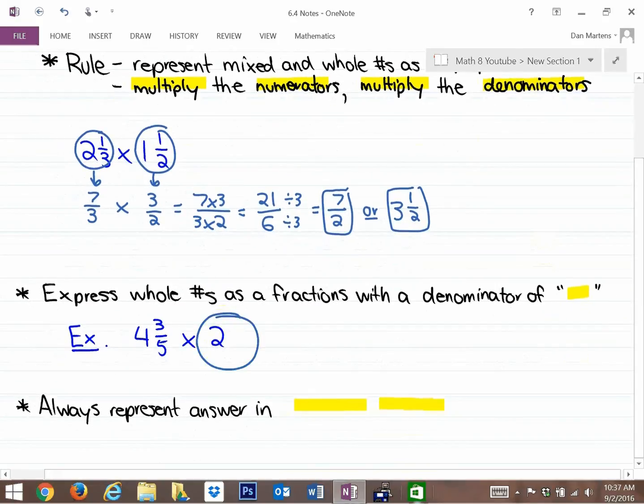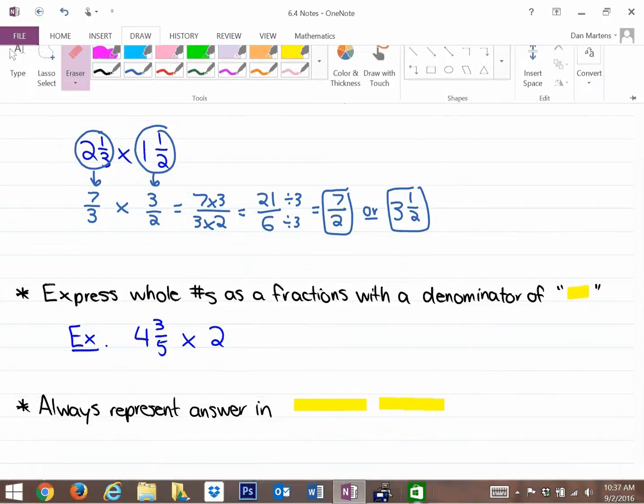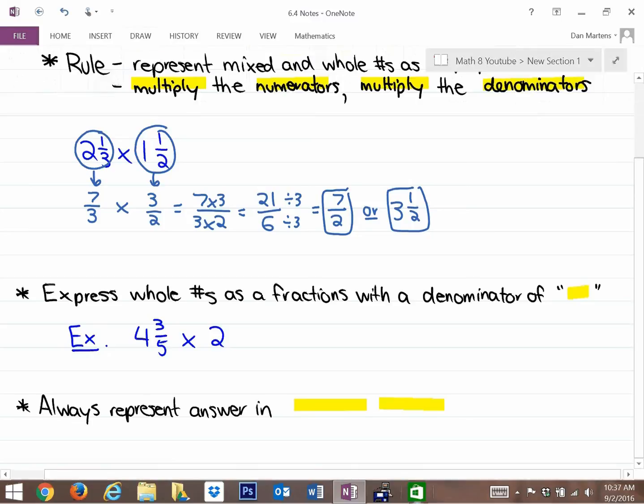It's just 2, and we want to make that into an improper fraction. So 2 actually represents 2 wholes, which is actually a denominator of 1. If it's 2 wholes, a whole is 1. So the important thing to do here is to express whole numbers as a fraction with a denominator of 1.